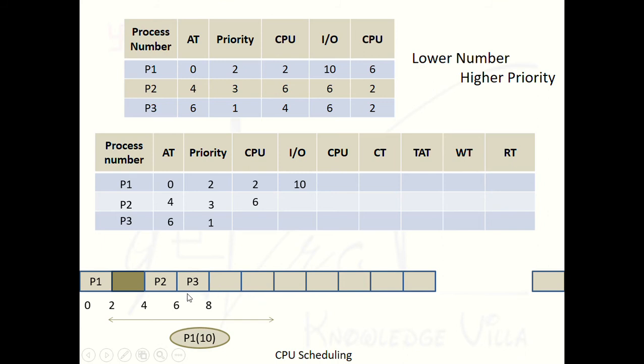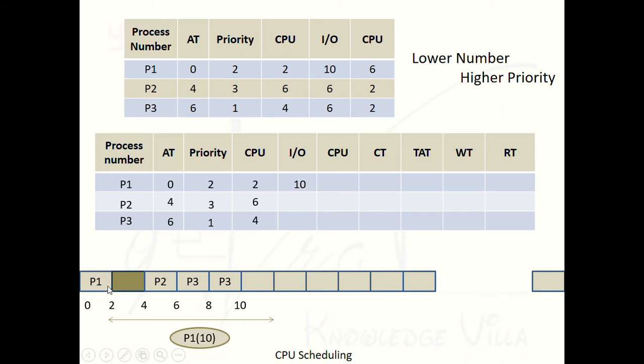We will continuously allocate the CPU to process P3. Done. And P3 requires the CPU for 4 time units, so again we will allocate 2 time units, 2 plus 2 total 4, and at time unit 10 P3 will complete its first portion of execution.